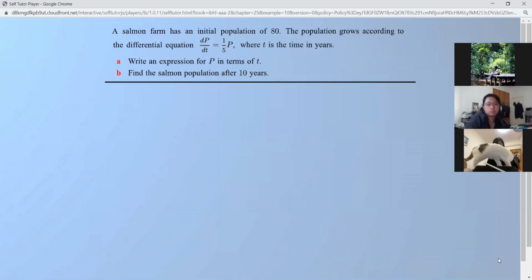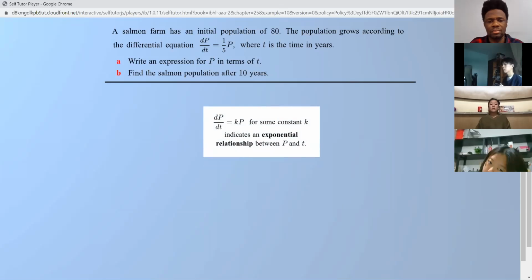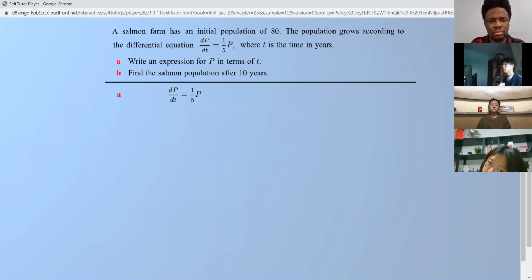The differential equation tells us that the rate of change of the quantity is proportional to the size of the quantity at any given time. This indicates exponential growth. In part A, we need to find the particular solution for P of t. The differential equation is separable. We separate the variables by dividing both sides by P.